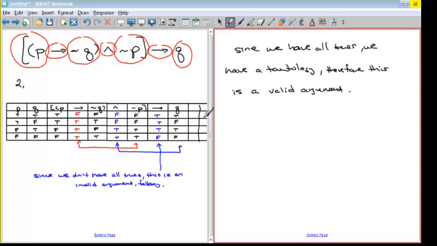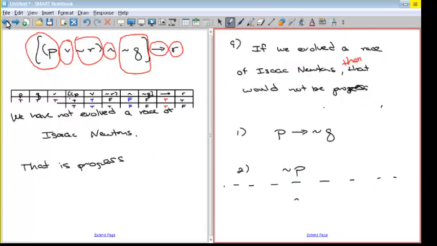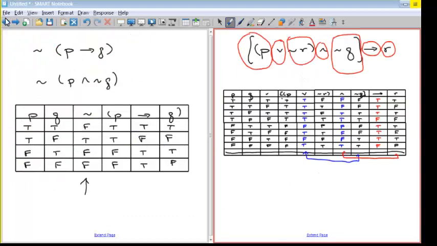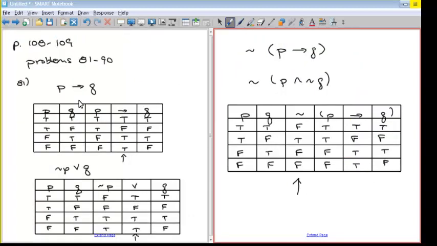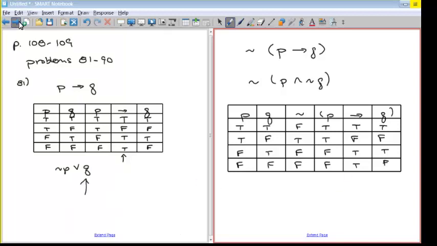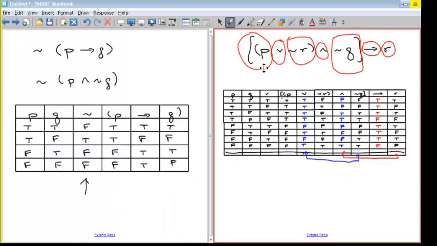So that's all we're going to do out of chapter 3. Again, what do we have? We have a question about equivalency. If the columns are the same for the end result, then they're equivalent. Then we have a logic expression that involves the conditional statement, where I just give you the logic expression, and then you have to fill it out.